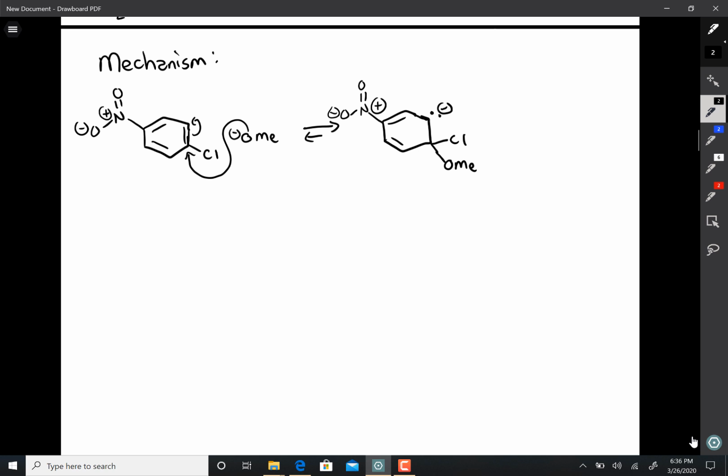And the resulting carbanion swings its electrons down and kicks off the leaving group. Now, if it kicks off the OMe, you're right back where you started from. If it kicks off the chlorine, you get your product.